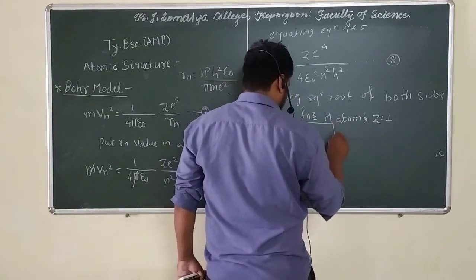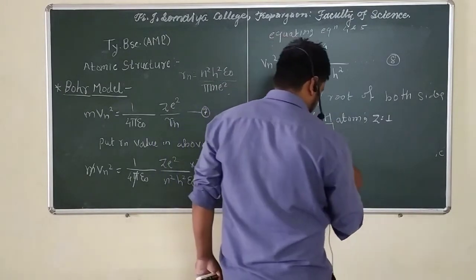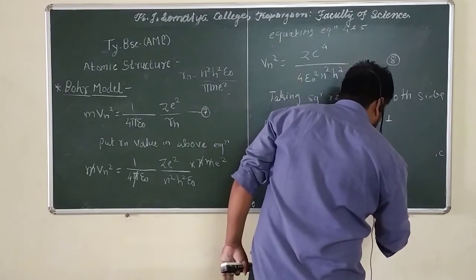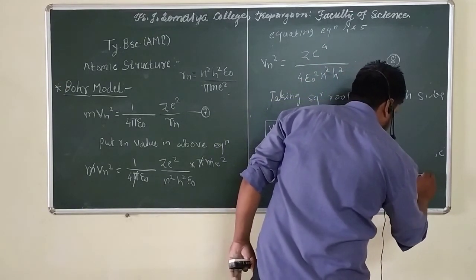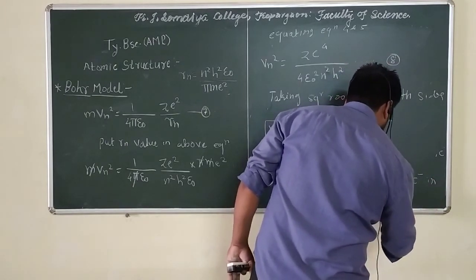So this is the final formula of velocity of an electron in the Bohr orbit, in the nth orbit.